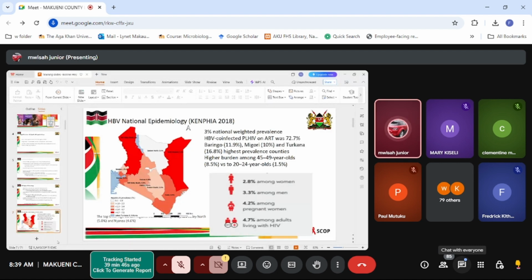Those are the highest prevalence counties. The higher burden is among 45 to 49-year-olds, at 8.5% versus 24-year-olds at 1.5%. And it is higher among pregnant women at 4.2% and adults living with HIV at 4.7%. Then men is 3.3% and 2.8% among women.